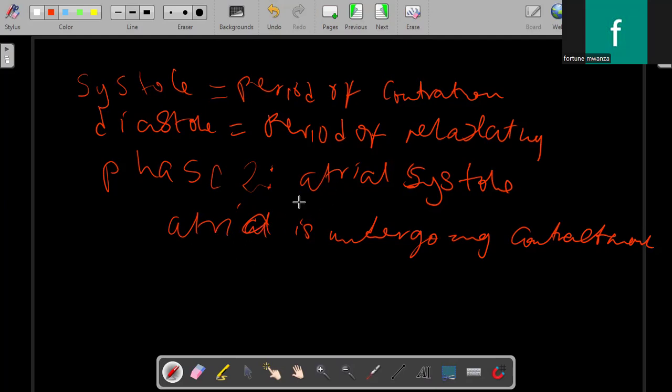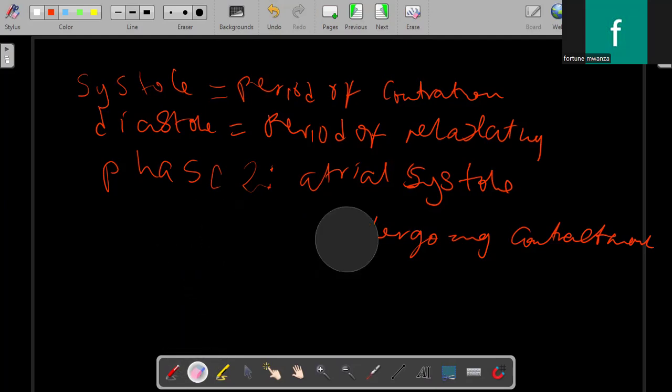You want to squeeze all the blood from the atria into the ventricles. So in phase two, you have atrial systole, atrial contraction, where the atria contract so that all the blood is pushed into the ventricles.